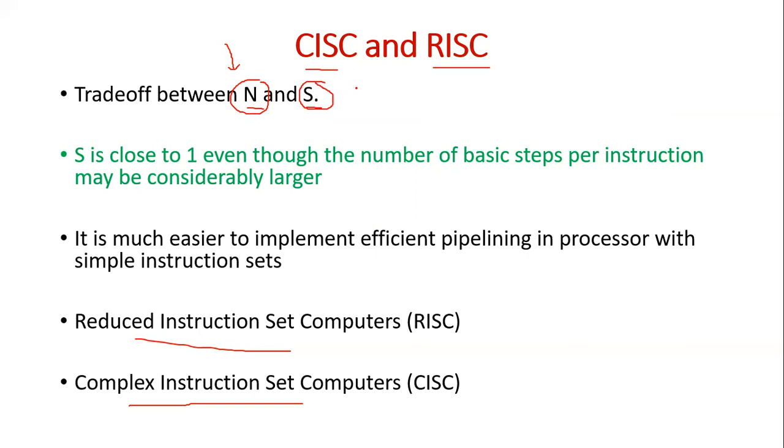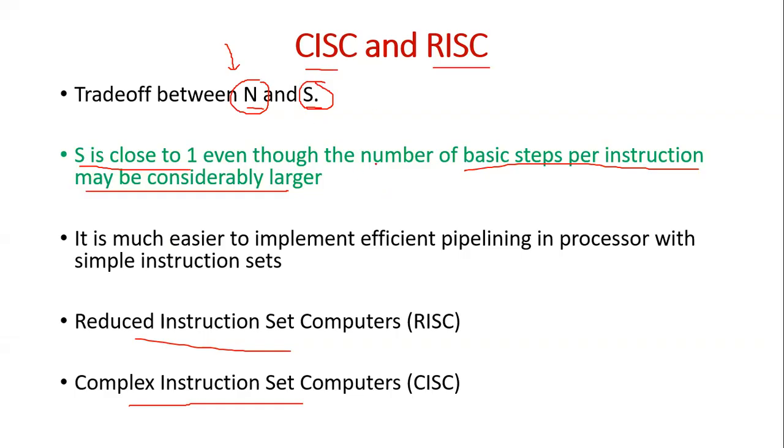Previously we discussed that we can bring S close to 1, even though the number of basic steps per machine instruction may be considerably large. So this point you should understand. S being close to 1 doesn't mean that the number of basic steps will be equal to 1.